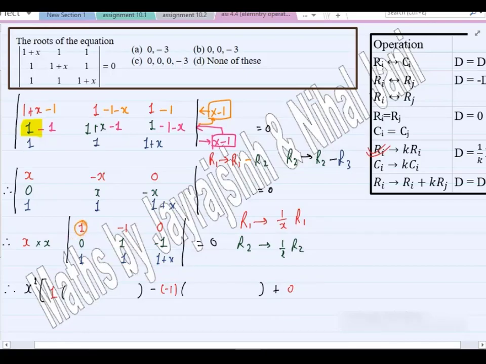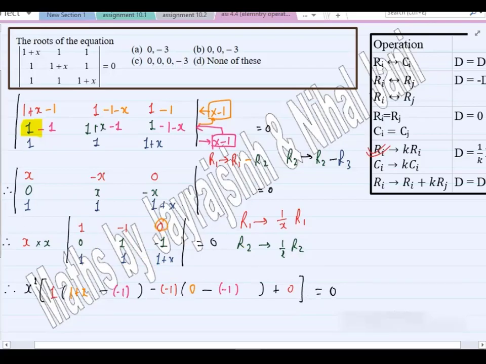The minor of the first element is obtained by eliminating the first row, first column. 1 plus x, 1 is 1 plus x, minus 1 with minus 1 will give us minus 1. Then the minor of minus 1: 1 plus x, zeros are 0, minus 1 minus 1 is minus 1. And don't worry about the minor of 0, 0 into anything will be 0.